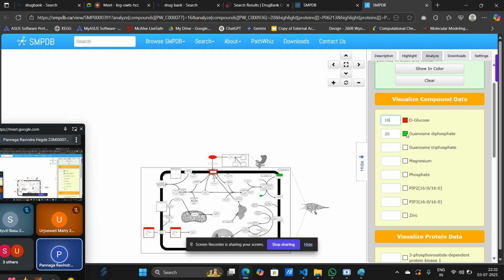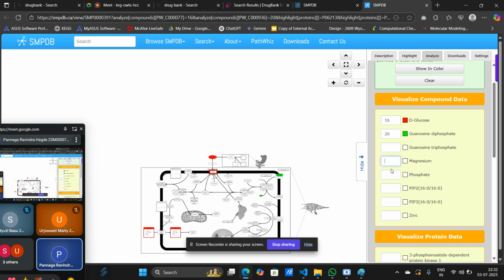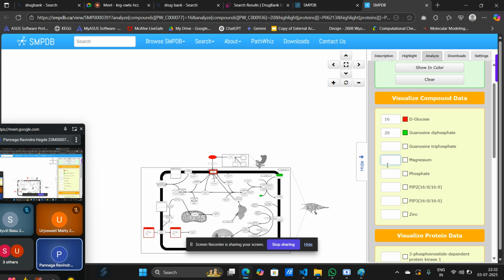Maybe the more the concentration of guanosine diphosphate, the more it is going to reduce the concentration of D-glucose. So you can check by changing the values of concentration for different molecules, the effect of relative concentration on the system. Are you guys able to understand?